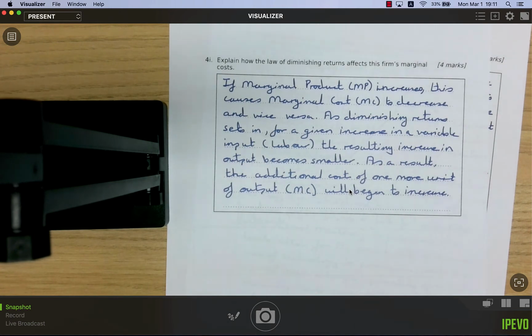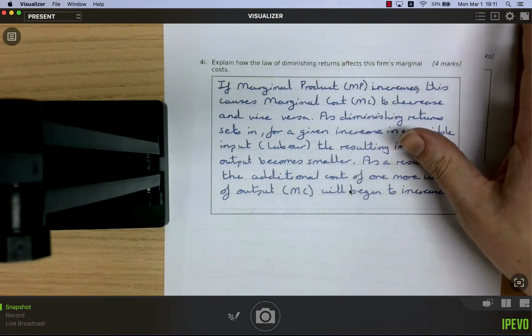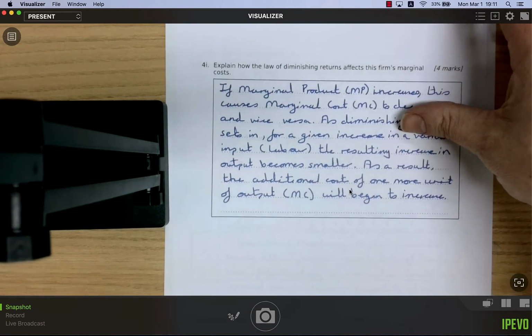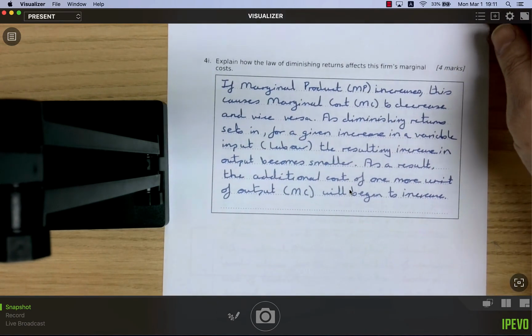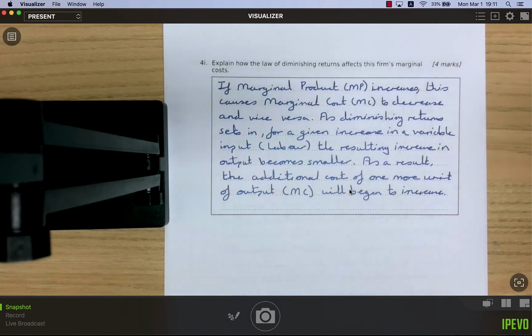Efficiency is output per worker per hour. If extra workers start to produce less output than the previous workers employed, your marginal product is falling. That manifests itself as an increase in costs because you have to pay another worker to do less work than the previous one did, and you still have to pay them their full wages.